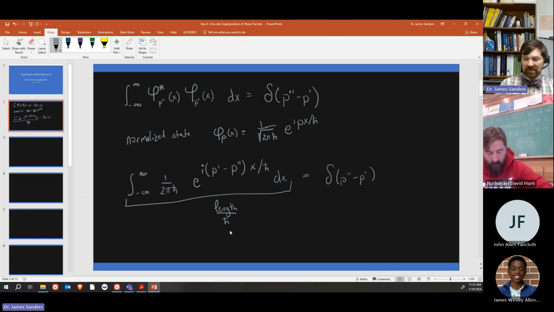And remember, what is it that h bar has dimension of? It has units attached to it. Does units have dimension?